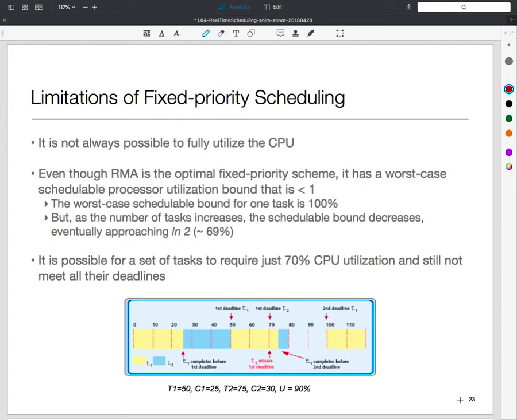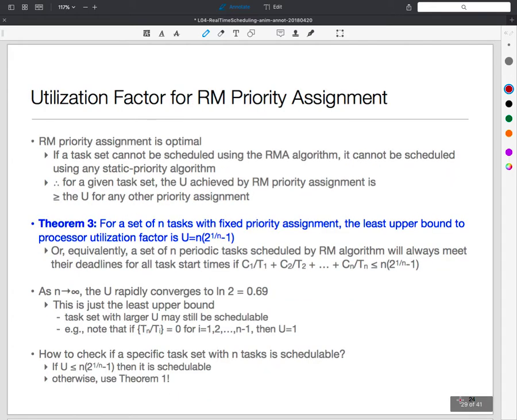If I know the number of tasks, then the threshold rises. Okay, and we'll see shortly. Like for n equal to 3, it's sufficient to have a processor which results in 78% utilization, and so on. So there exists some sufficiently fast processor at which you would be able to execute.